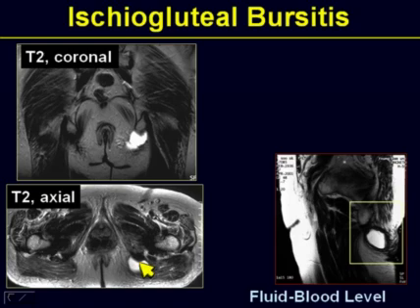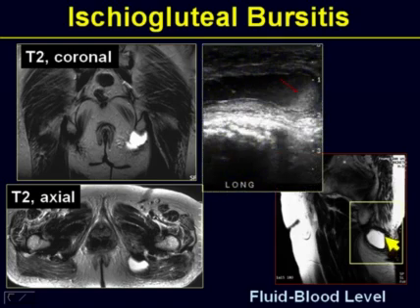But again, if you take a sagittal view of the same individual, here's the ischial tuberosity, and this is the anterior portion of the patient, you'll notice that there's a fluid or blood-fluid level. And of course, isn't it much more simple to look at it on ultrasound? Because if you do this in the long axis view, that means the top of your transducer is directed to the patient's head and the bottom of your transducer, the patient's feet.